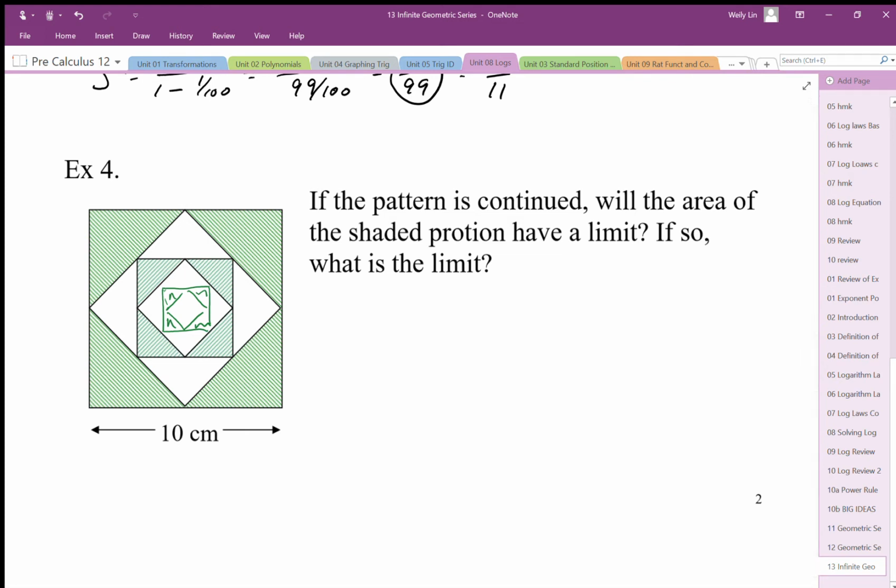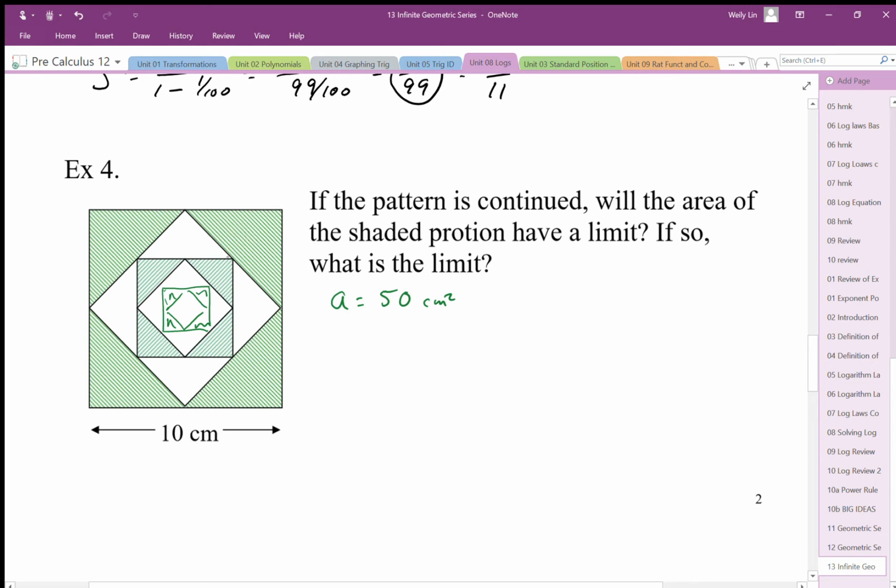Well, I can find the area of my starting value here. That area, the a value, is 50 centimeters squared, because the 4 outside triangles represent half the square. And what's happening each time? I'm essentially getting a quarter.